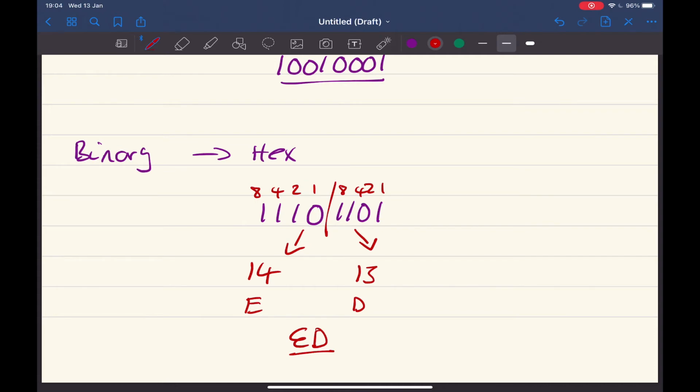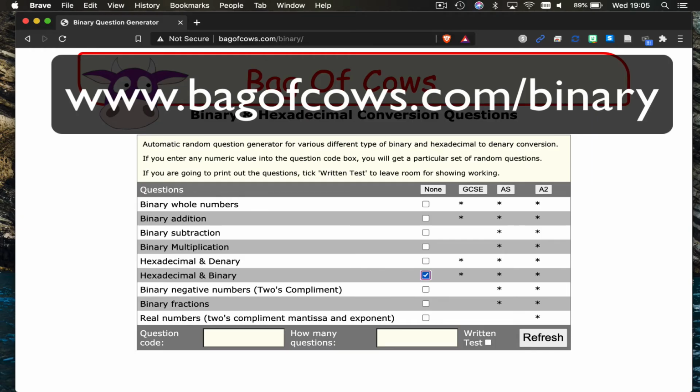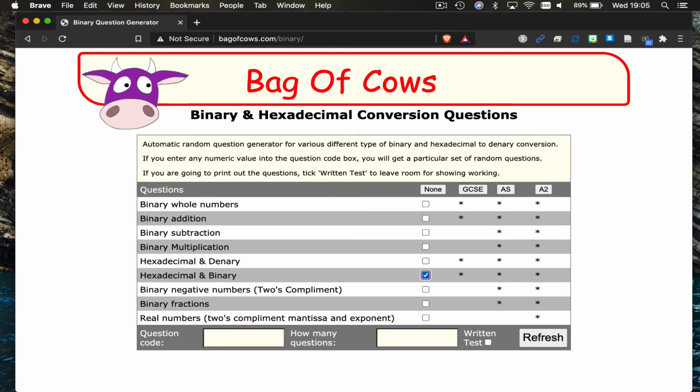What I'd like you to do now is to have a look at the Bag of Cows website, and there are some questions on there, hexadecimal and binary, and if you give them a tick, that means that you can then do some questions on there, see how you're getting them.